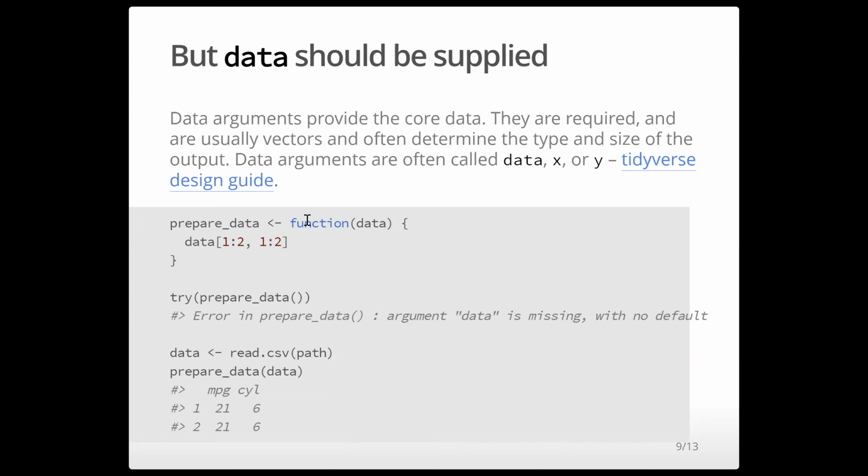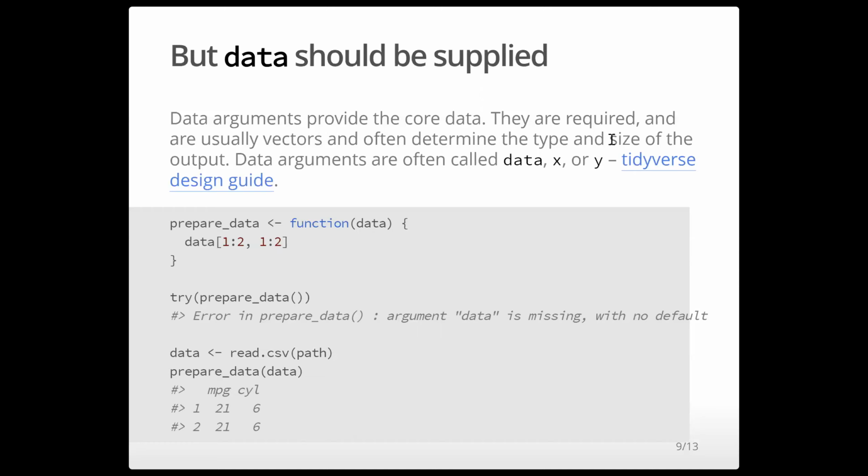And the Tidyverse design guide recommends that for data arguments, because they are core data, we should require those arguments. We should ask the user to do that extra effort and give us that data, because it's such an important argument that the user has to be very intentional. That way, they're very sure, very much in control of what the output is going to be.